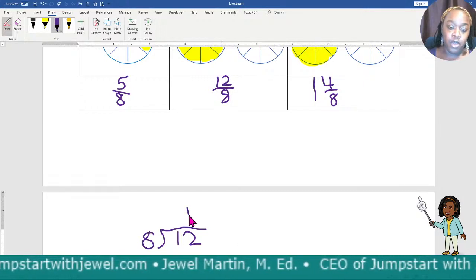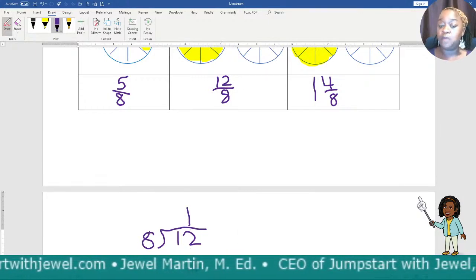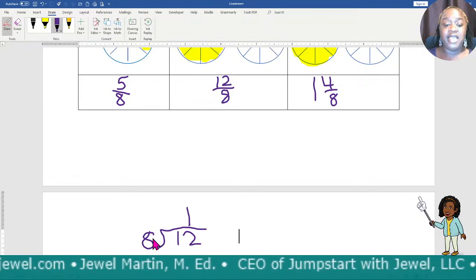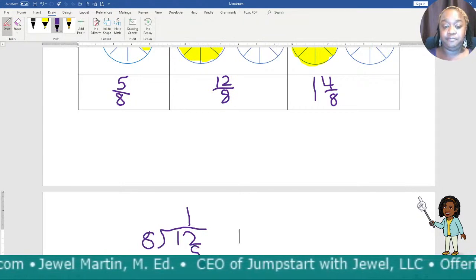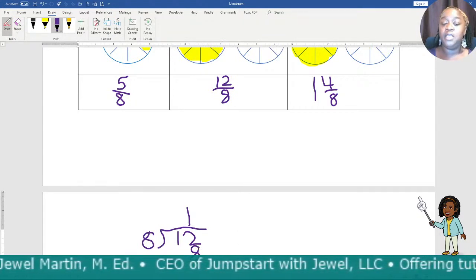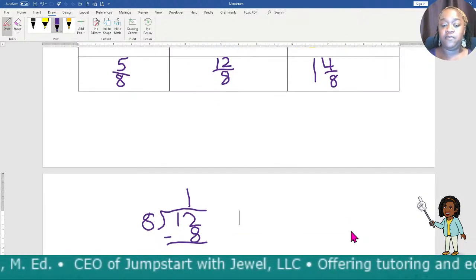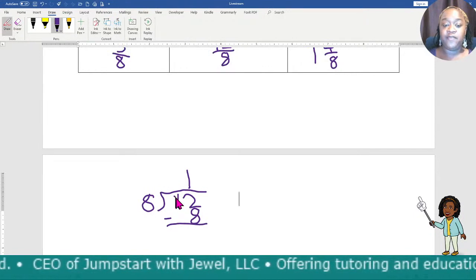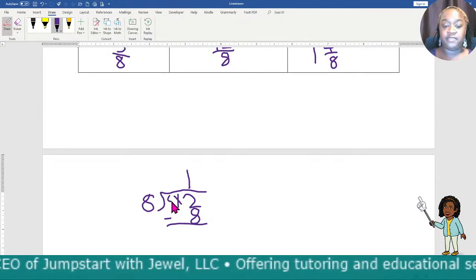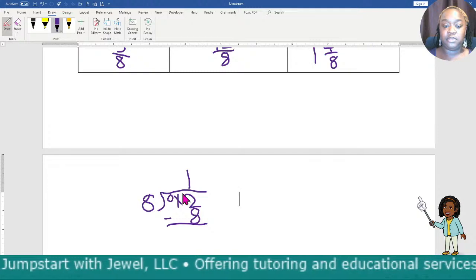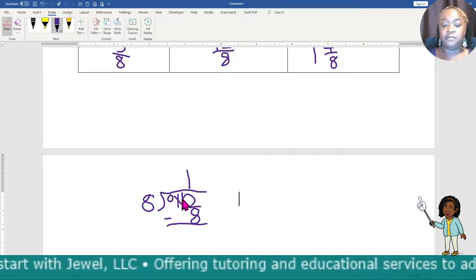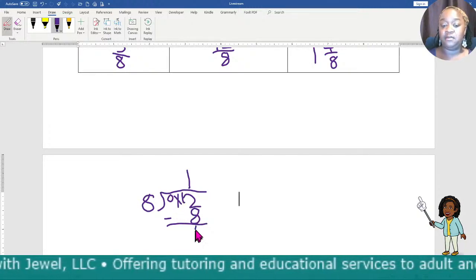So you put the 1 up here, and then you multiply. 1 times 8 is 8. Then we subtract. 12 minus 8. Now, if you have to regroup, if you have to do it that way, that's fine. 12 minus 8 is 4.